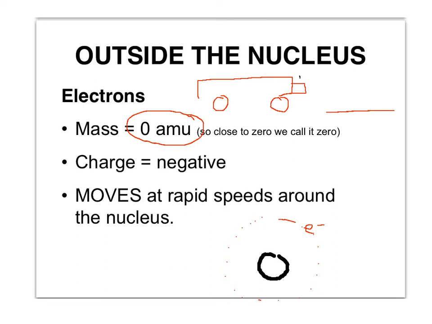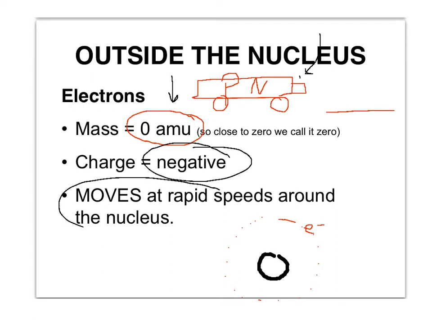That truck is very similar to the protons and neutrons in the nucleus of an atom, and the speck of dust, the black spot right here, is very similar to an electron. It just doesn't matter in terms of the overall mass of the atom. So basically, it doesn't have a mass, its charge is negative, and it moves at fast speeds around the nucleus.